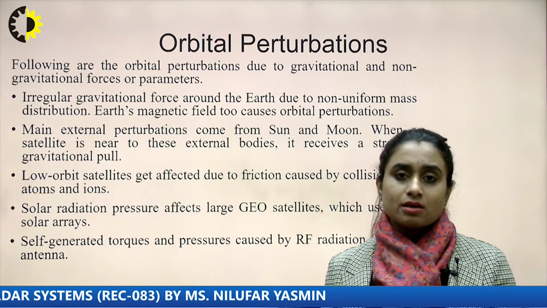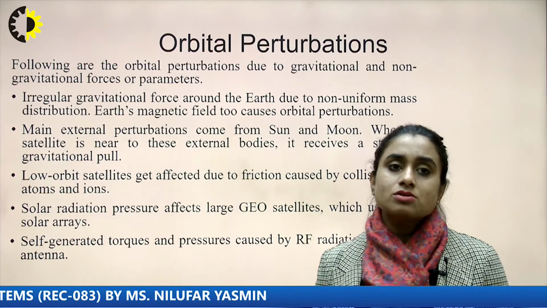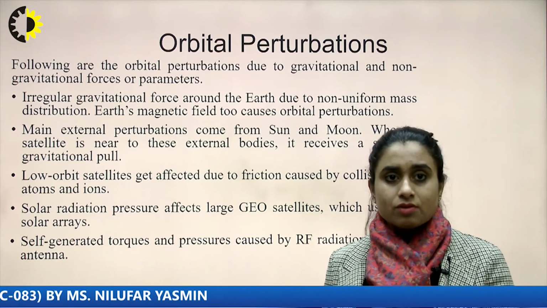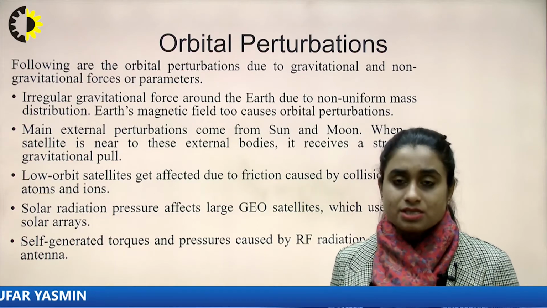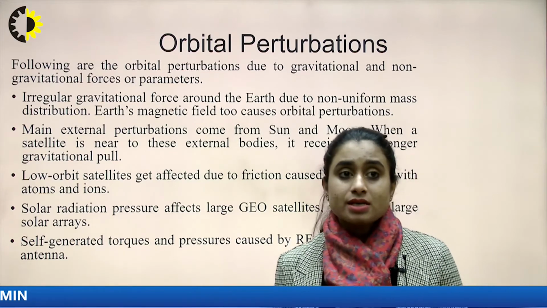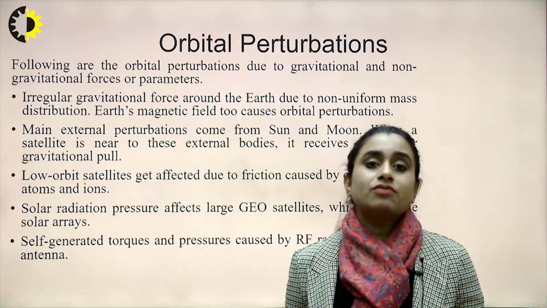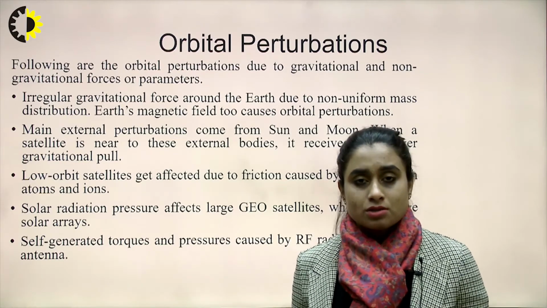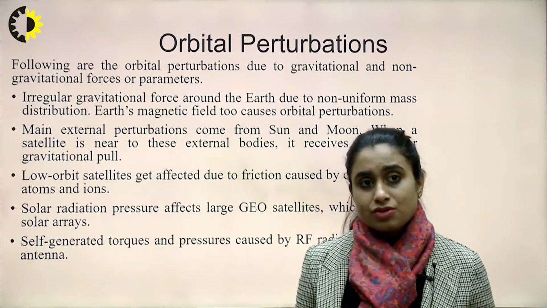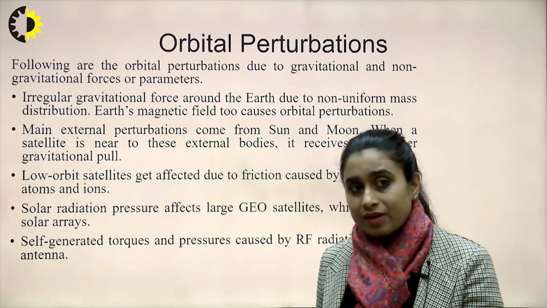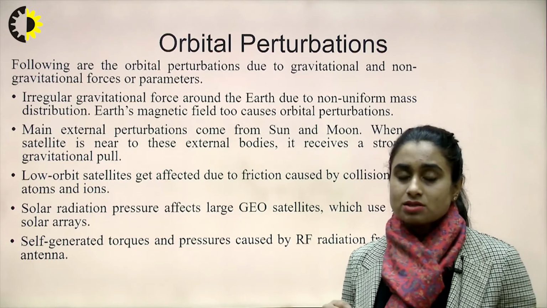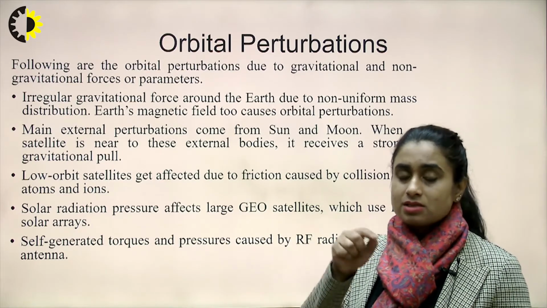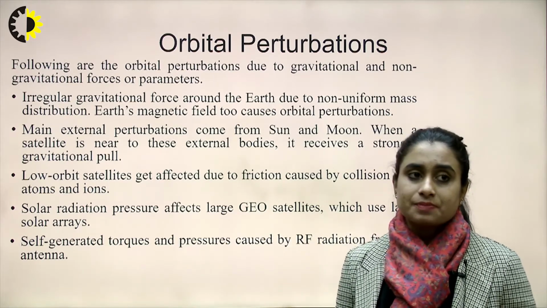So these gravitational forces are also irregular because of non-uniform mass distribution. And because of non-uniform mass distribution, we at times face magnetic field that is also variable at different points. So because of the variation of gravitational force and magnetic field, we do face some perturbation, right? These forces act on satellite in a way that they are somehow deviated from their path.